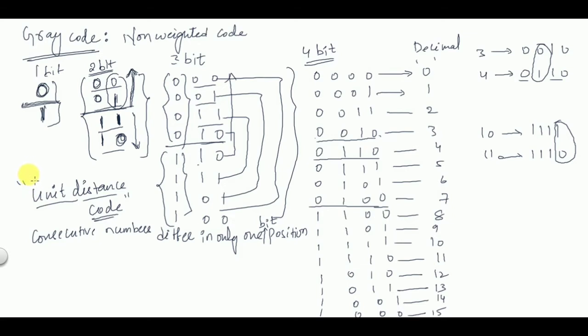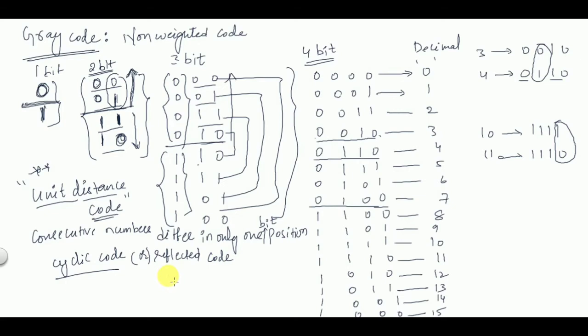This is one more point which you have to remember. Gray code is also called a cyclic code, or it is also called a reflected code.